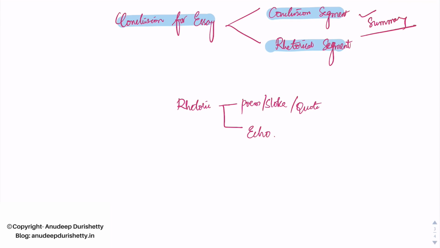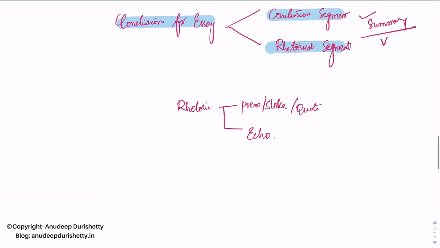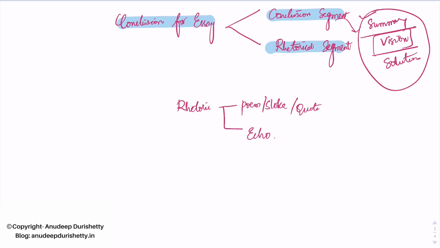It refreshes the mind of the reader and brings a sense of closure to the text. It must also present a vision for the future, presenting the solutions and suggestions that will help solve any issues that you may have raised in the main body. These are all included in the conclusion segment.